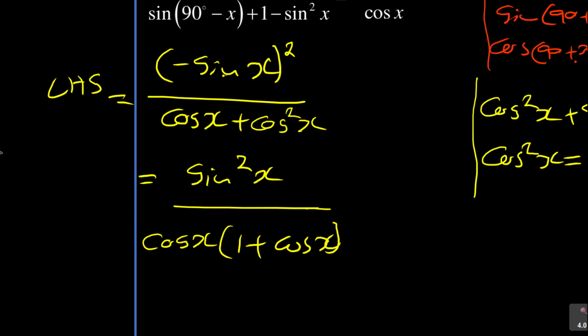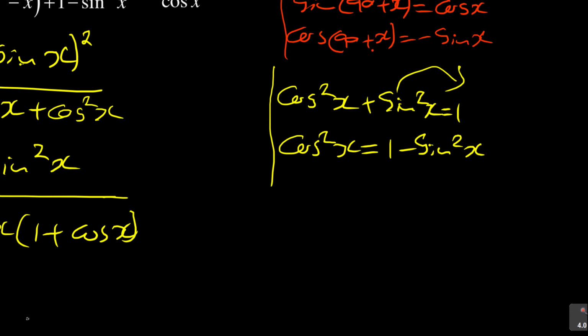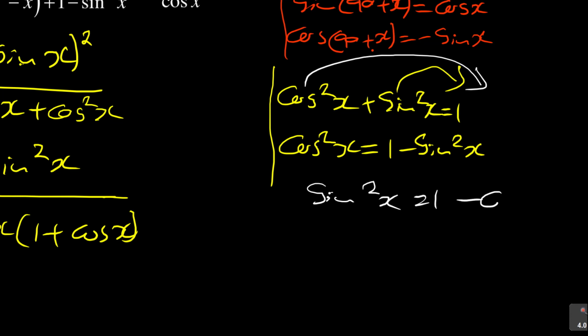Right, and then at the same time, equal to... it's very interesting the way they were doing this. Look, sin squared. This time I'm going to use this one to say sin squared, take this to the other side, to say sin squared x is equal to 1 minus what?